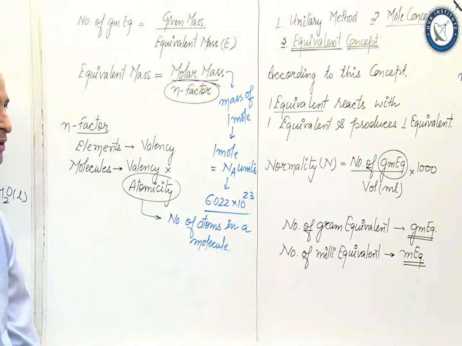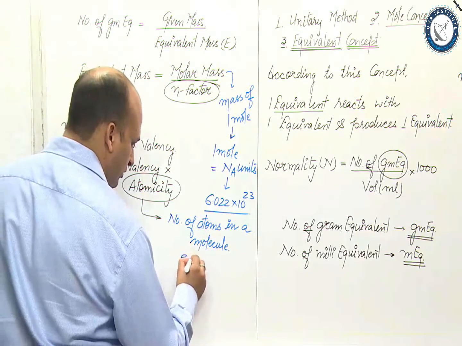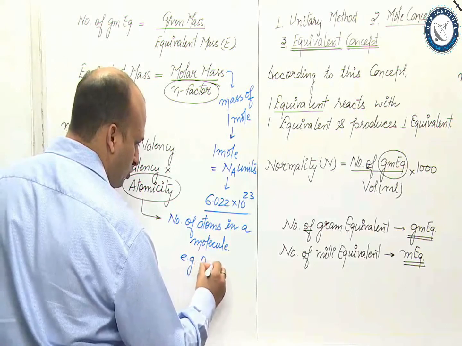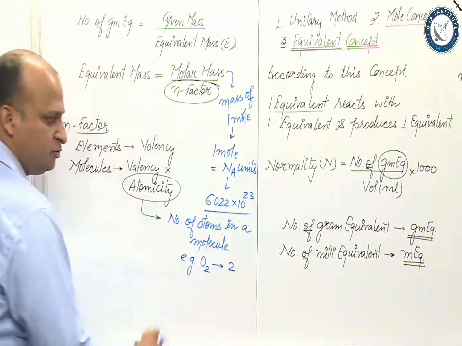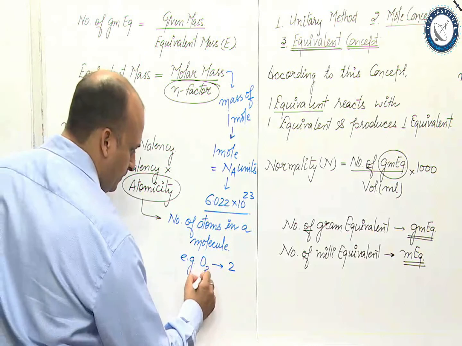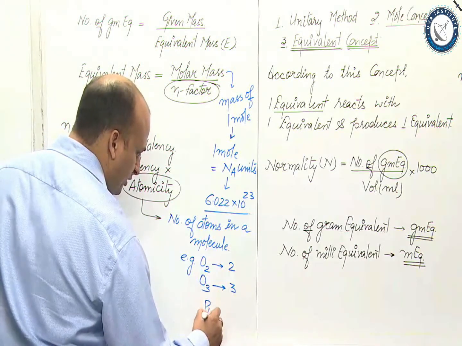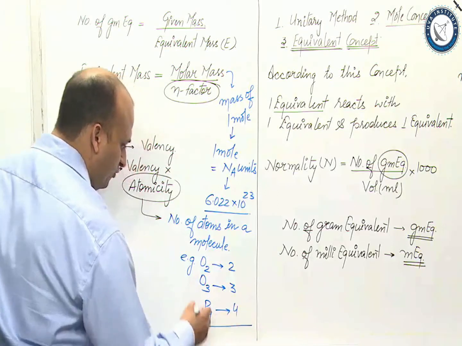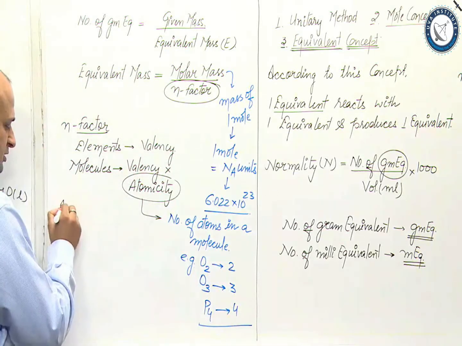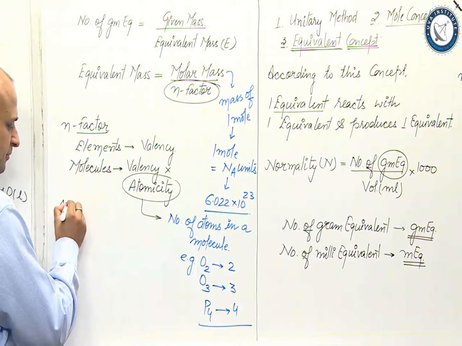For example, O2 has an atomicity of 2 because there are 2 atoms. O3 has an atomicity of 3. P4 has an atomicity of 4.